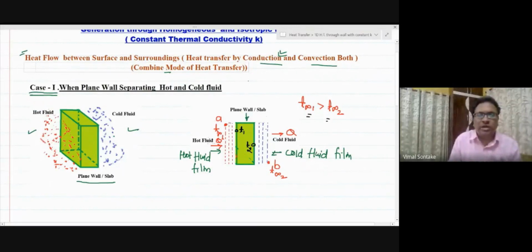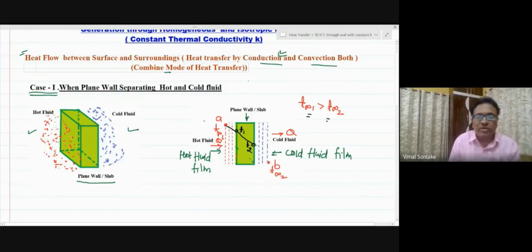When heat transfer takes place through this hot fluid film, this fluid is going to offer some thermal resistance and temperature drop will take place. This heat transfer will be by convection. When heat transfer takes place from left hand face to the right hand face, the material of this slab wall will offer thermal resistance and temperature drop will take place across the plane wall.